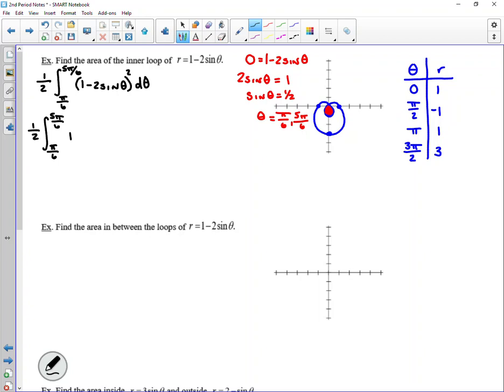One squared, 1. Then we replace this one with 1 minus cosine 2 theta over 2. That goes in for that.